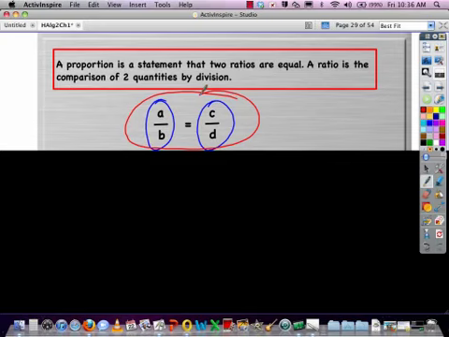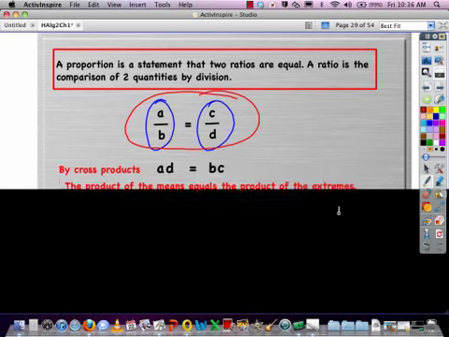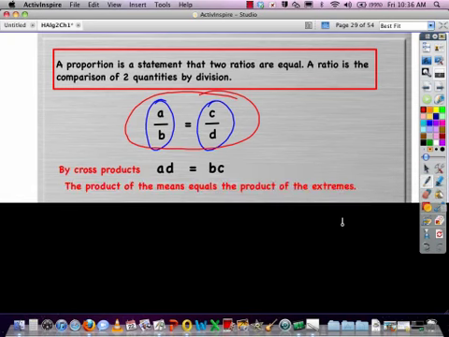To solve these, most of us learned that we would do the cross products. A times D has to equal B times C. Some of you have also learned that the product of the means equals the product of the extremes. That came from the older style use of proportions, but it came from specifically the different styles or ways we wrote ratios.